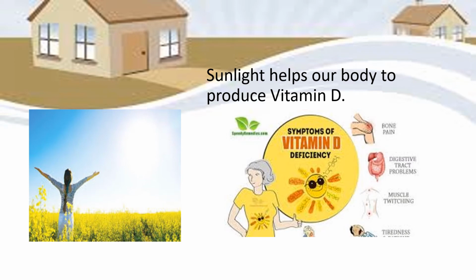If you have a deficiency of vitamin D, you can feel bone pain, problems in the digestive system, muscle pain, and tiredness. So, to reduce all these things, we should have proper sunlight in our home.